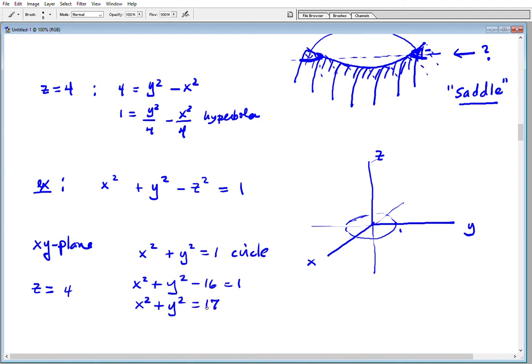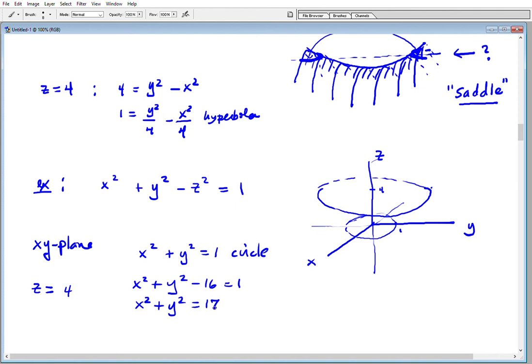So we have a circle of radius square root 17, close to 4. So here we put z equal to 4. Let's say 4 is up here. And we have a circle of radius about 4. I'm going to draw it a wider circle, basically, coming out of the blackboard, parallel to the xy plane, a flat circle. All right, so that's our circle.